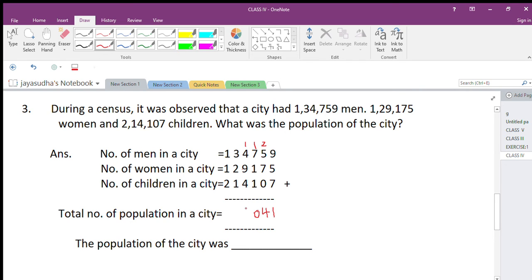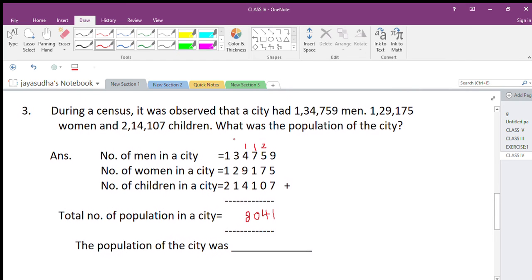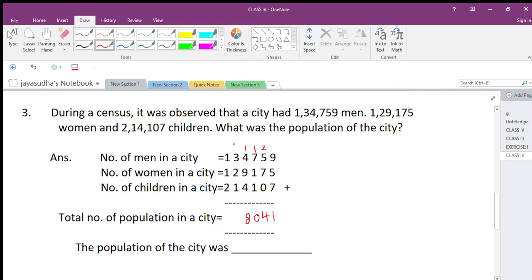So you write 8 right here and carry 1 again to the next column.